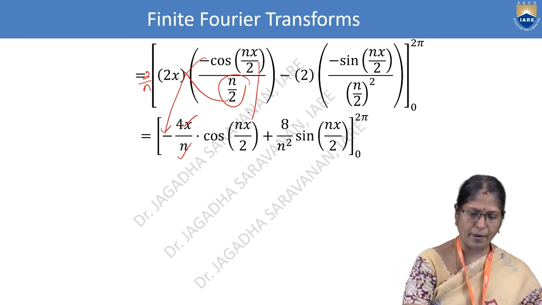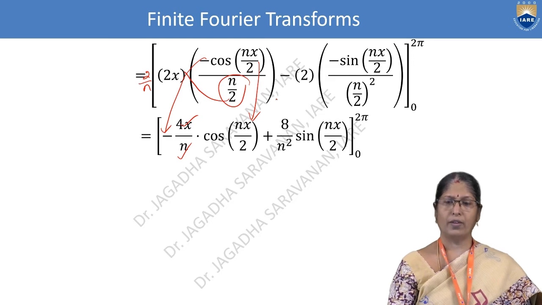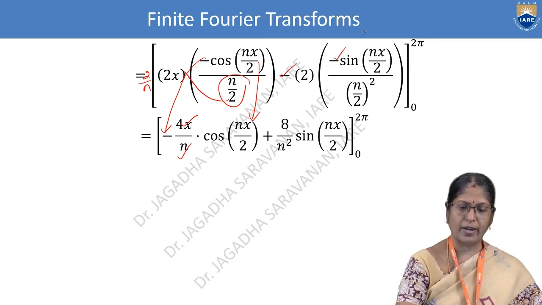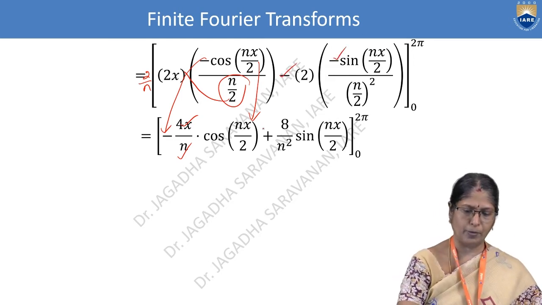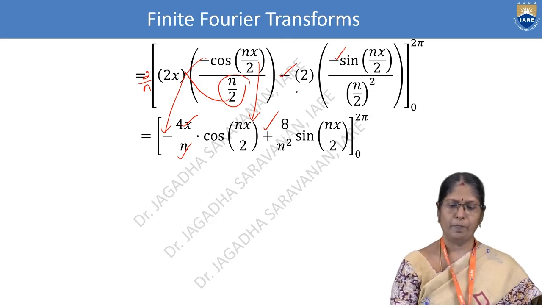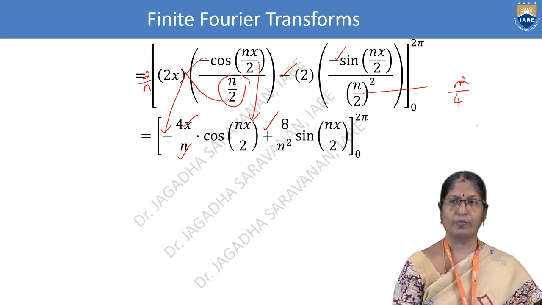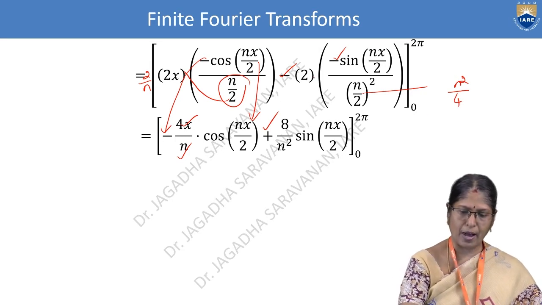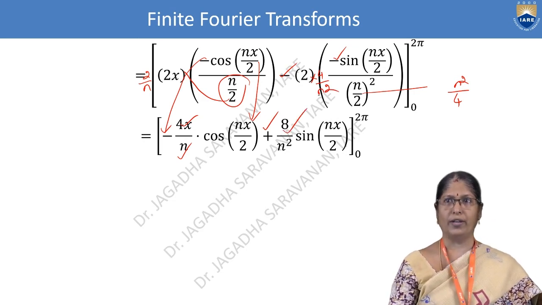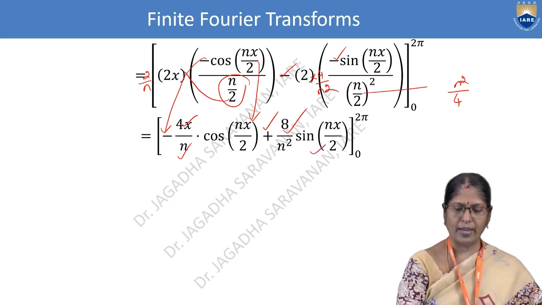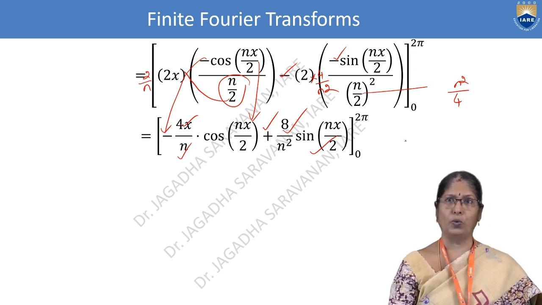Cos of nx by 2. This minus put together has become plus. This is n square by 4. We are bringing it up, it has become 4 by n square. So, it is 8 by n square, sine of nx by 2.